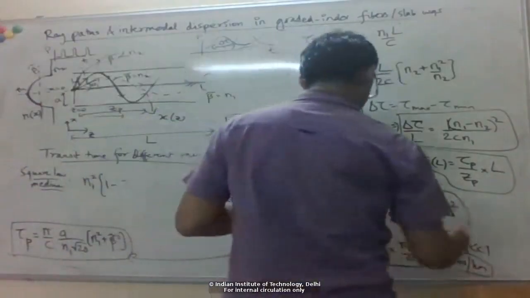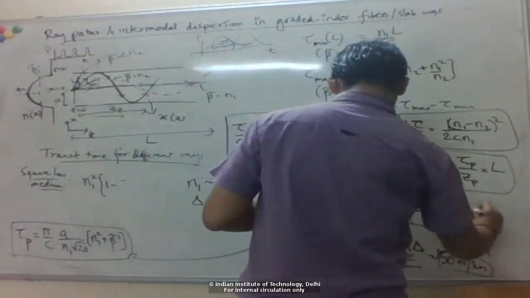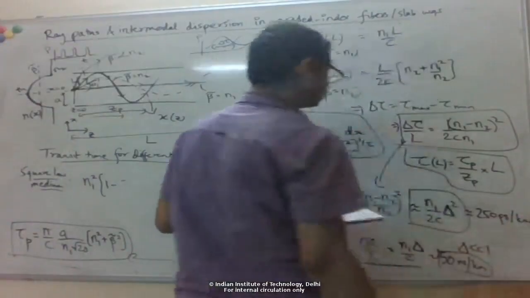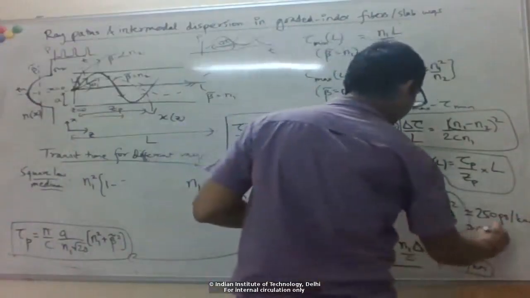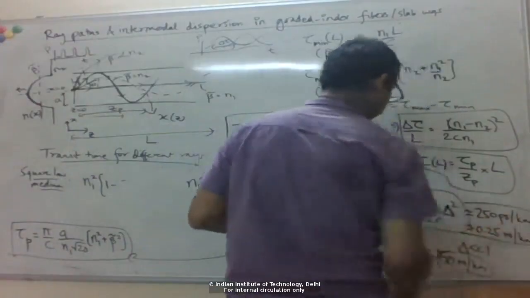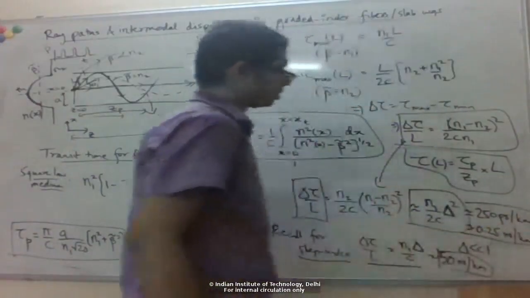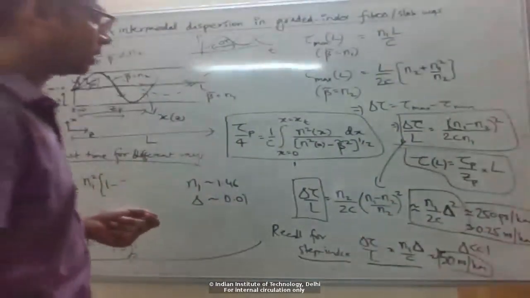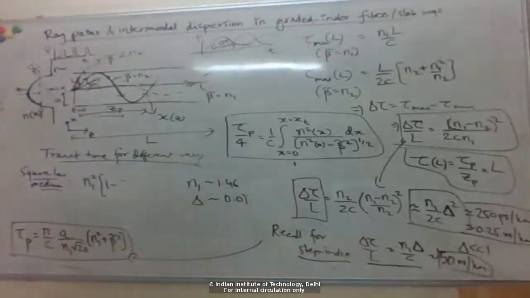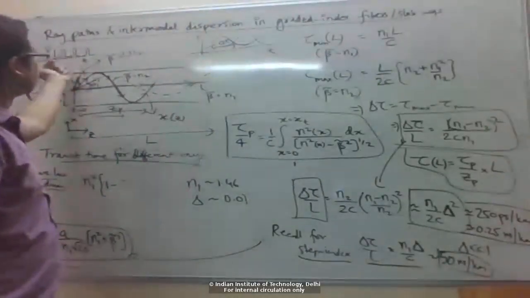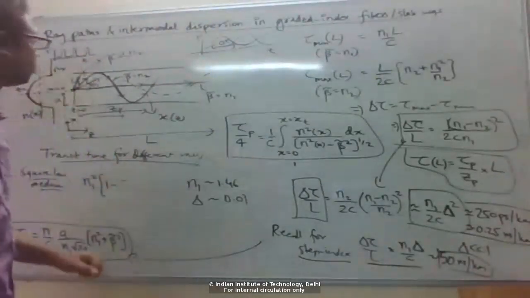Whereas if you put in the numbers here, you get about 250 picosecond per kilometer, or equivalently 0.25 nanosecond per kilometer. So we've gone from 50 to 0.25. That's more than 2 orders of magnitude improvement. Equivalently, I can increase my data rate by 2 orders of magnitude for the same length.